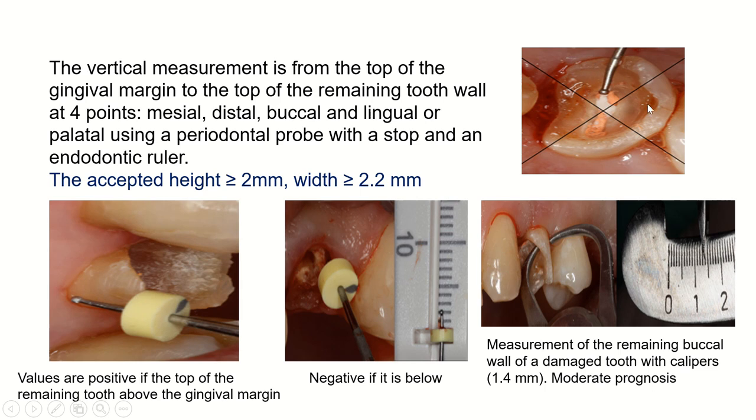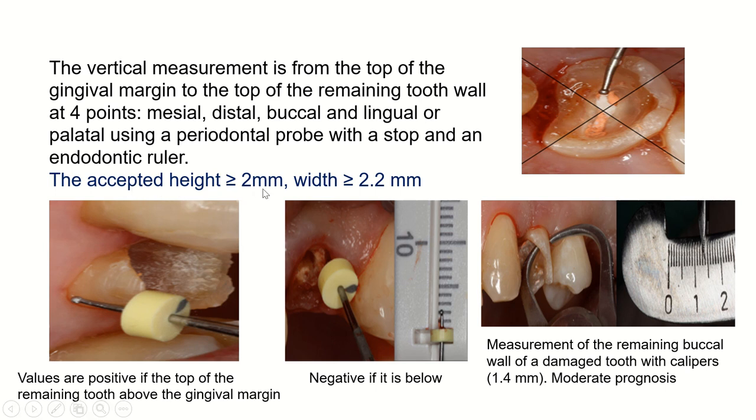الميجرمنت تكون on the four walls, okay, buccally, lingually, mesially and distally. أحيانا يكون عندي enough wall thickness and wall on buccal, lingual, mesial, لكن distally we have a big disruption. Also this tooth will be considered sometimes not indicated, not restorable.